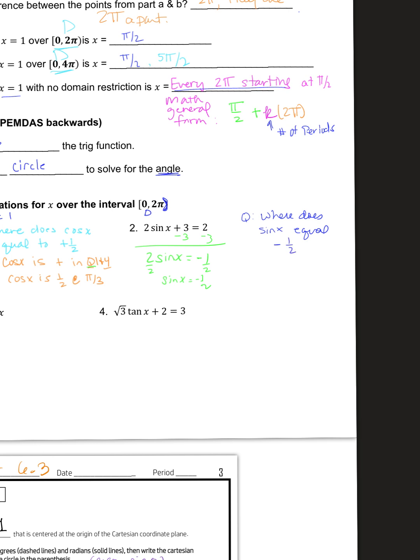All right, so we know sine is negative in quadrants, which ones? 3 and 4, right? Also, sine is 1/2 or -1/2 at pi over 6.